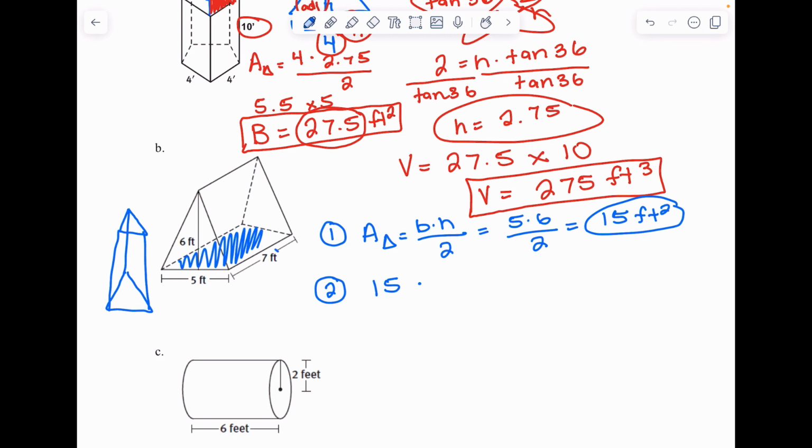That means that the height would actually be 7 feet. So when you find the height of the prism, imagine that the base is on the floor, and then find your height. So 15 times 7 gives me a volume of 105 feet cubed.